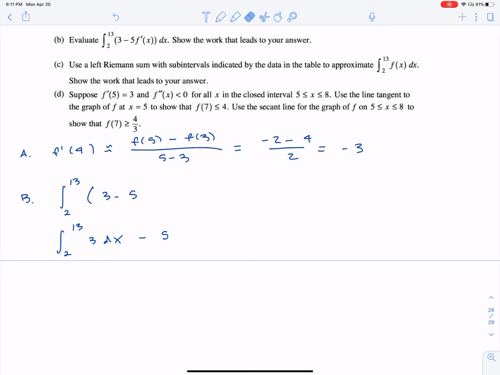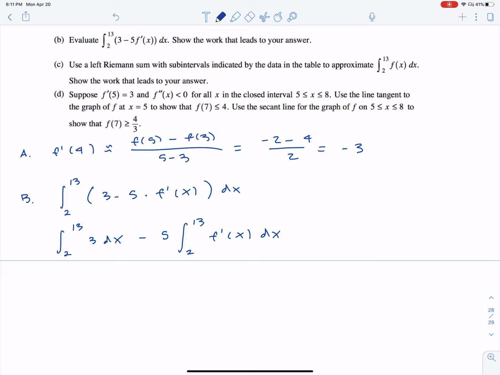This was 5 times f prime of x. Let's fix that. So 5 is a scalar, and it's going to be multiplied by the antiderivative of this function. Okay, looks good so far.